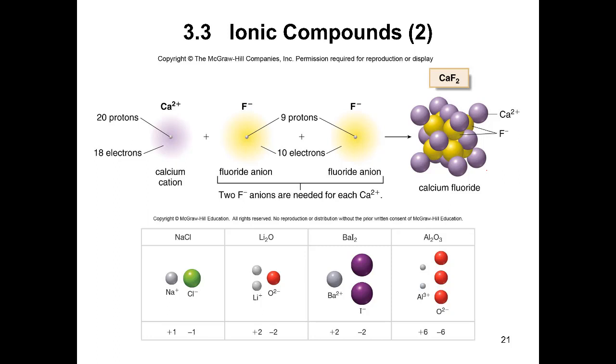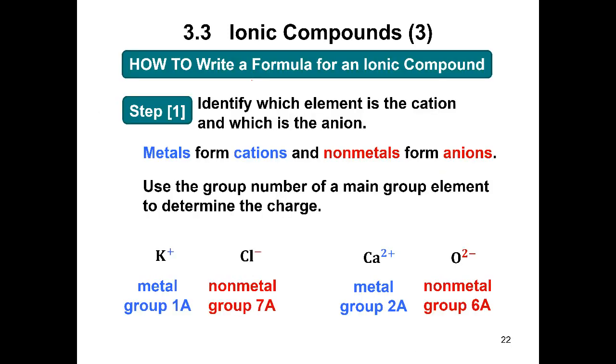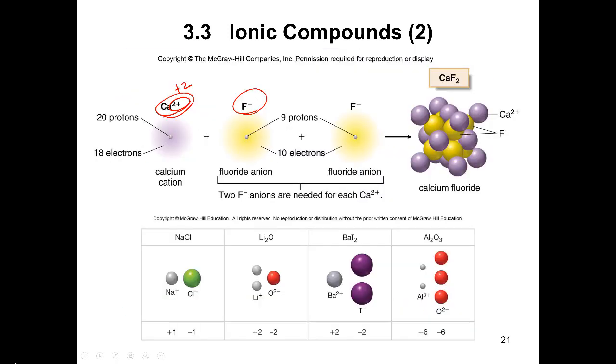If I have a +2 ion and a -1 ion, and I put those two things together, then I am going to have to do some manipulation to the coefficients, the subscripts, because I have a +2 here and I only have a -1 for my fluoride.